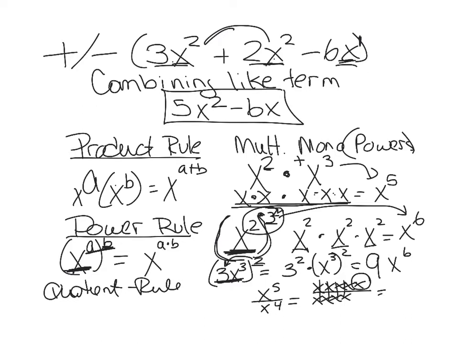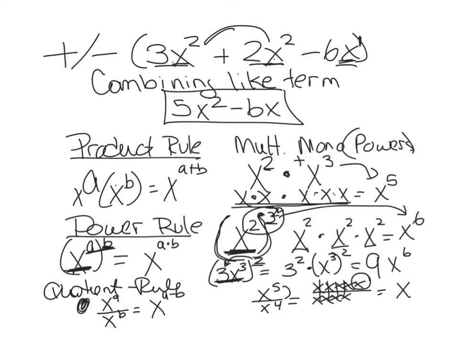So they discovered if you subtract numerator minus denominator, you get the answer. So the rule is x to the a over x to the b equals x to the a minus b.